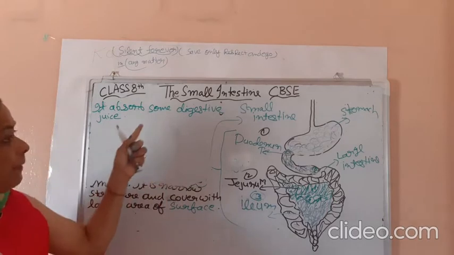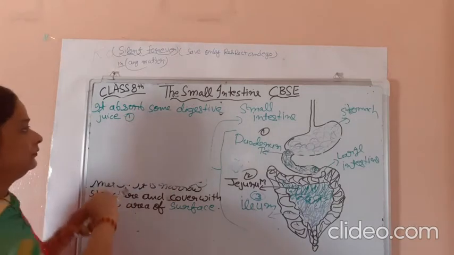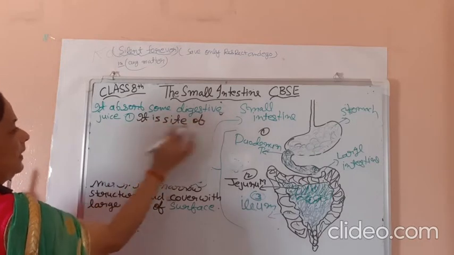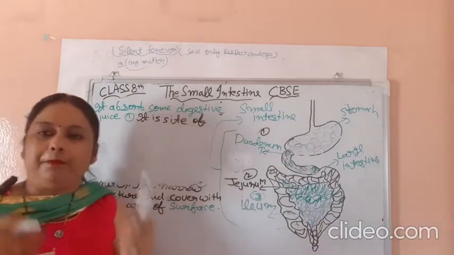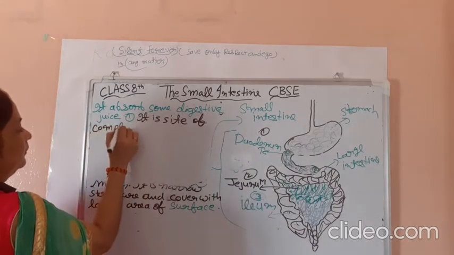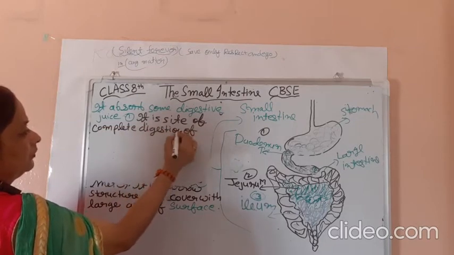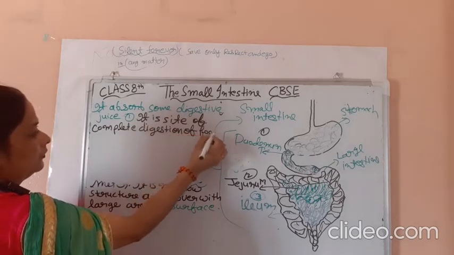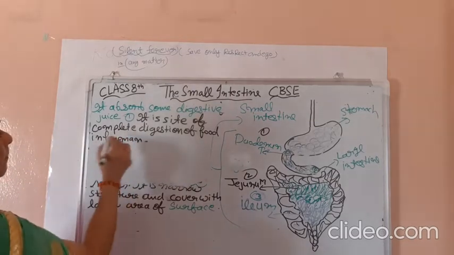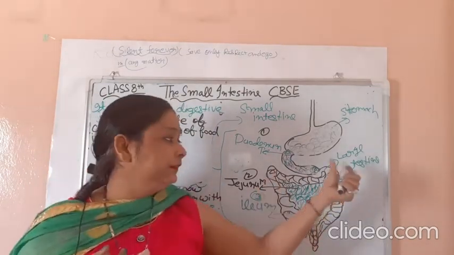It is the site of complete digestion of food in humans. And the second point, it is the site of complete digestion of food in humans. Mostly all food digestion takes place in the small intestine.